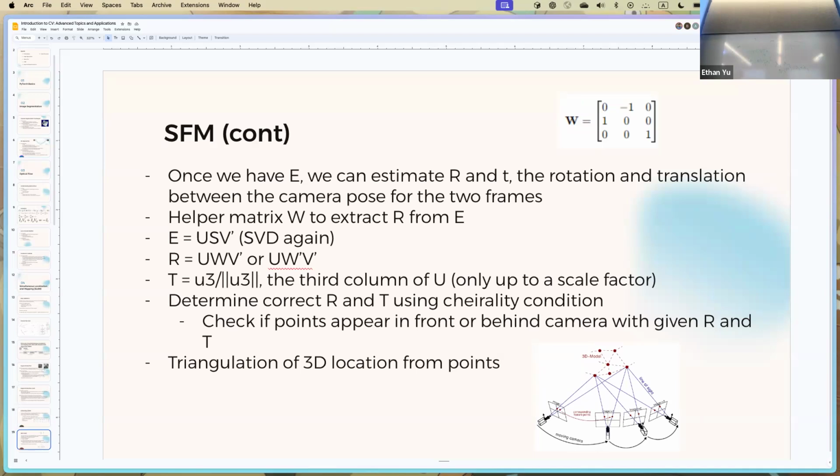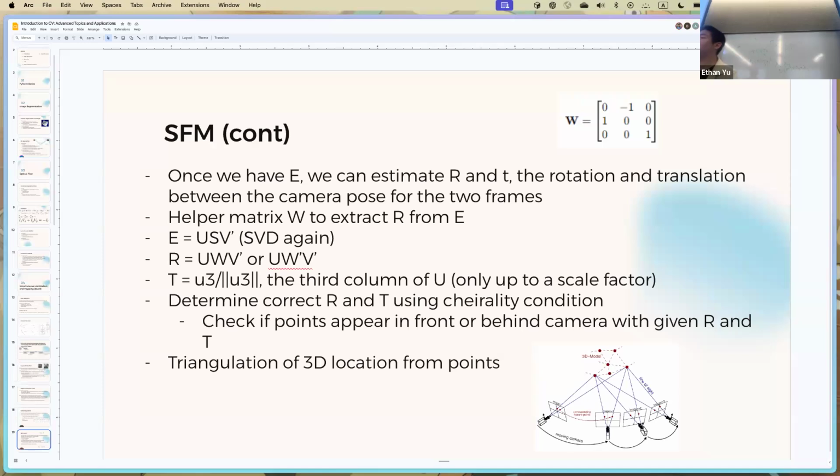Then there are a couple options for R's and T's that will satisfy E. You can have R as U W V transpose or U W transpose V transpose. And then T is either positive or negative the third column of U, normalized to a scale constant. All this is up to a scale constant. Then you can determine which pair of R and T is correct by using the chirality condition.